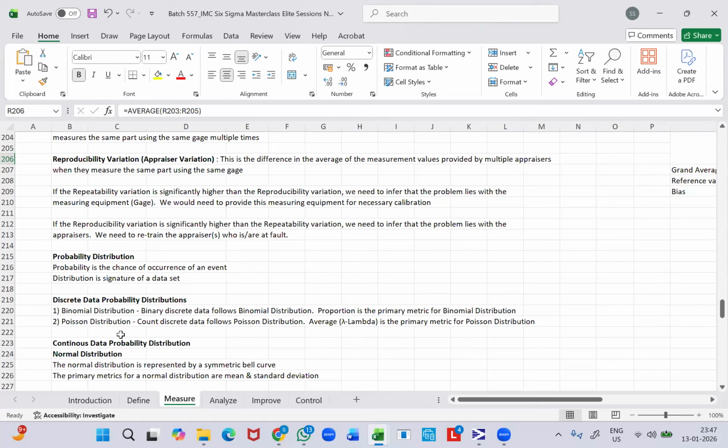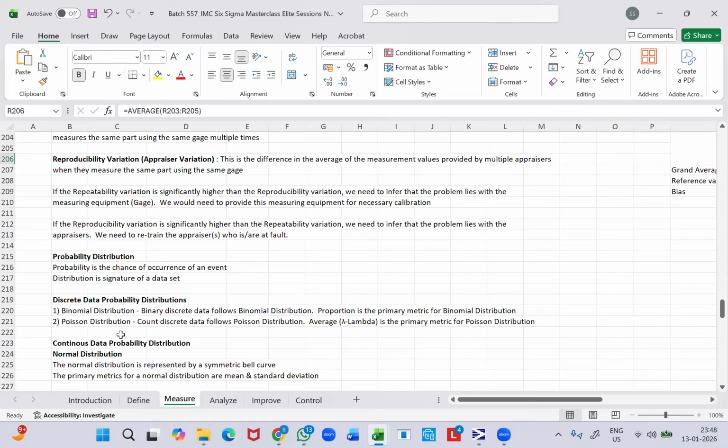A data set can follow a distribution, right? So probability is the chance of occurrence of an event, whereas distribution is the signature of a data set, right? So when we talk about probability, you'll always give the example with regard to the toss of a coin. So when you toss a coin, what are the two options that we can get as a result? So we can either get a head or a tail.